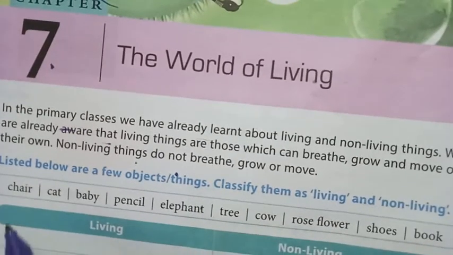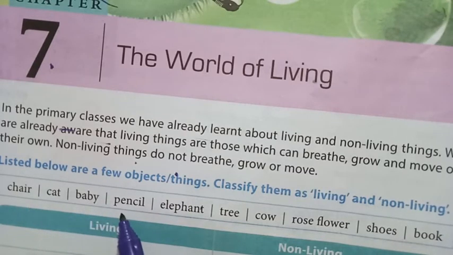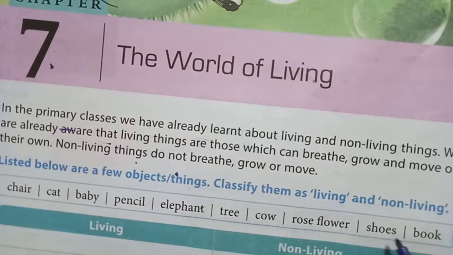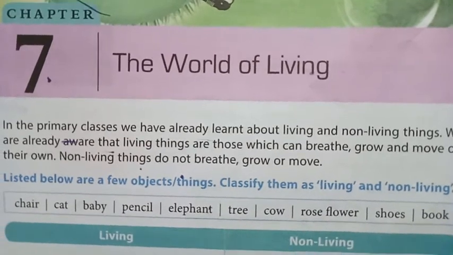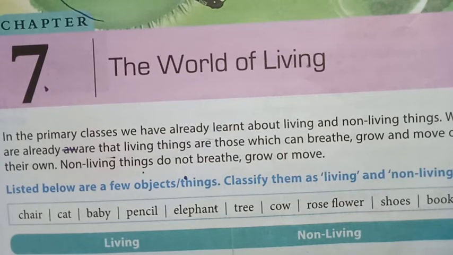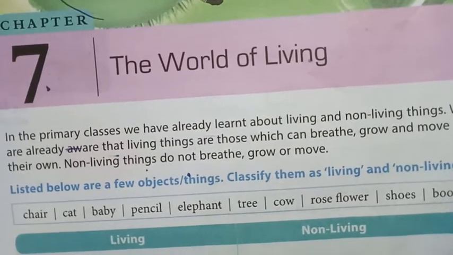Here is a chair, a cat, a baby, a pencil, an elephant, a tree, a cow, a rose flower, shoes and a book. All these are living and non-living things.